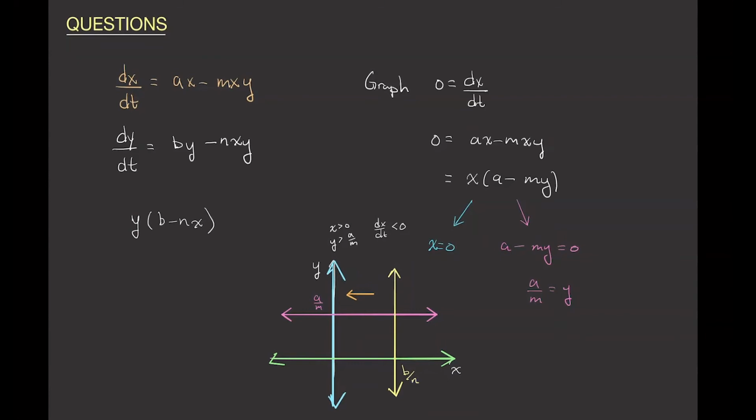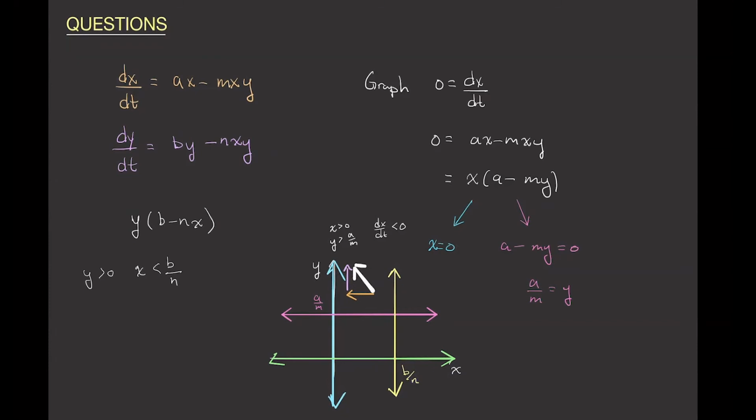Here we also know that x is strictly less than b over n. Y is positive. So that means we have this arrow up like this, because then this is all positive. And now, maybe I should do this purple, what this gives us is an arrow facing up and to the left. So like this.